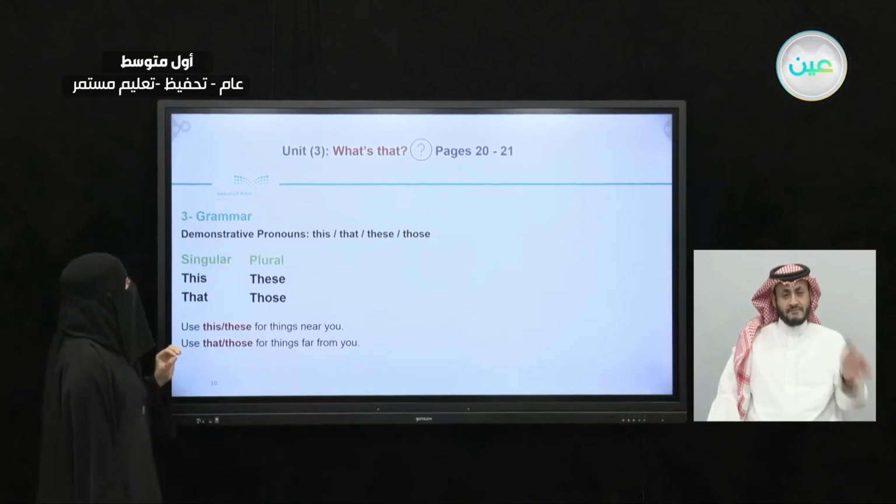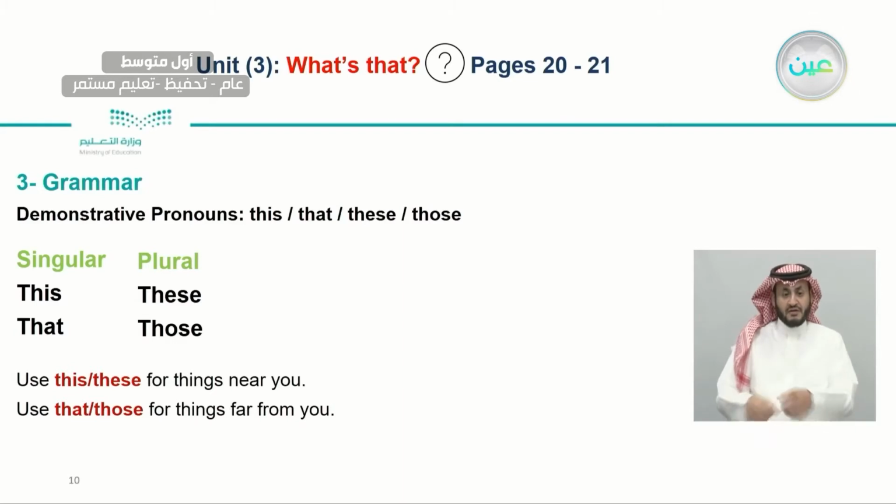Also in grammar, we learned the demonstrative pronouns this, that, these, those. And it's very important to know when to talk about a singular and plural. We said this for a singular item that is close to you and it's only one, this pen.